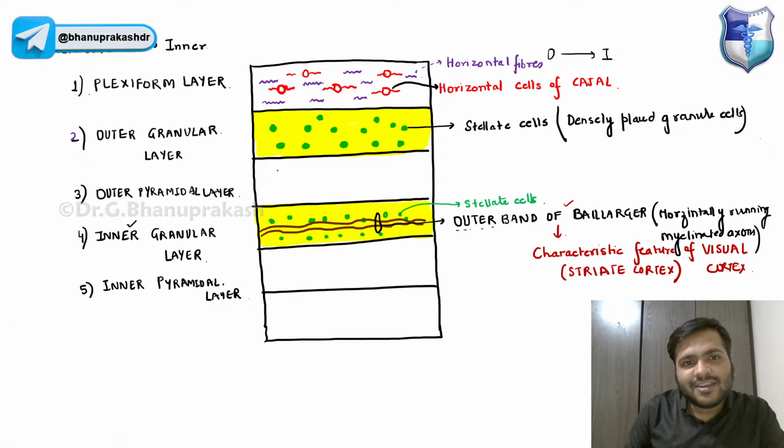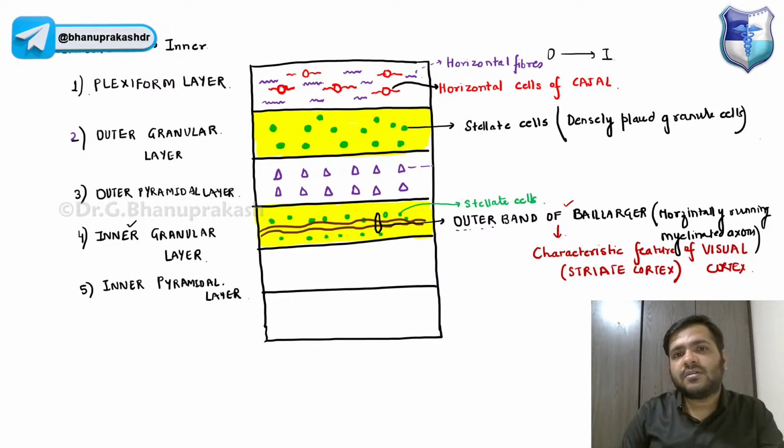These pyramidal cells in the outer pyramidal layer are basically small to medium sized.